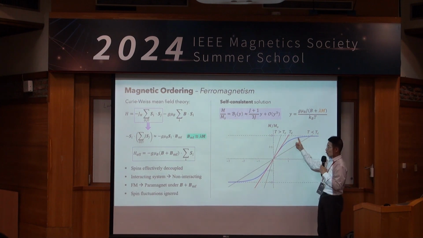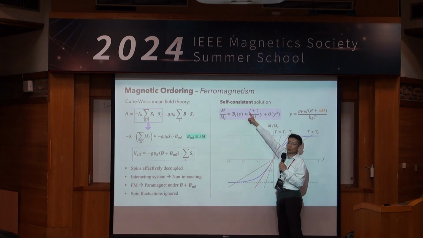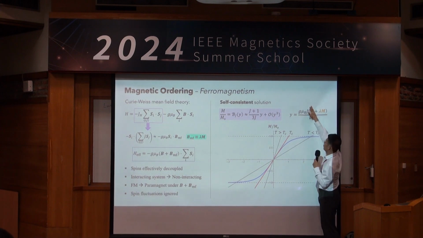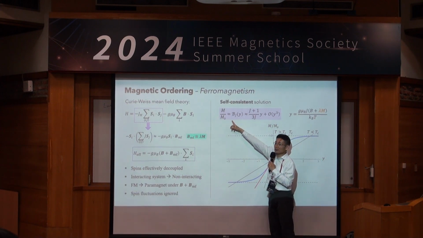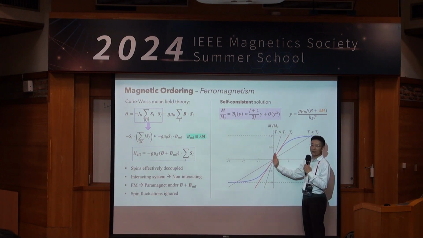The blue curve plots the Brillouin function for a given total angular momentum j. In terms of the new variable y, with zero B field and only the mean field, the left-hand side of the self-consistent equation is represented by a straight line passing through zero.